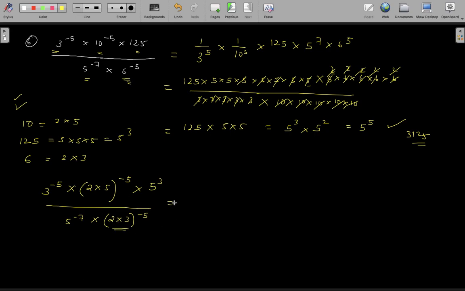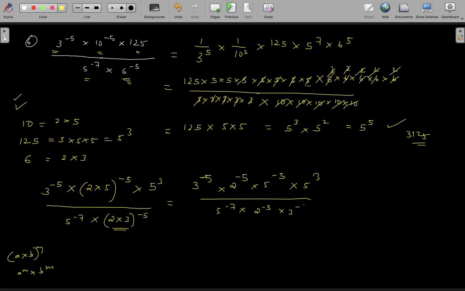Now we solve it as usual: 3 raised to the power minus 5 times 2 power negative 5 times 5 power negative 5, because you know (a times b) power m is a power m times b power m. So I'm writing it as 2 power negative 5 into 5 power negative 5 into 5 power 3, divided by 5 power negative 7 into 2 power negative 5 into 3 power negative 5.